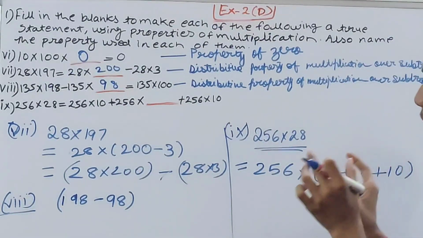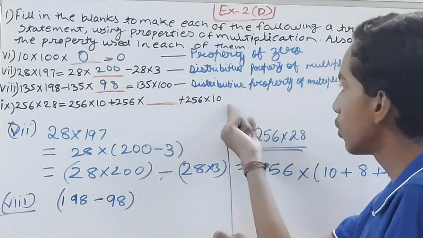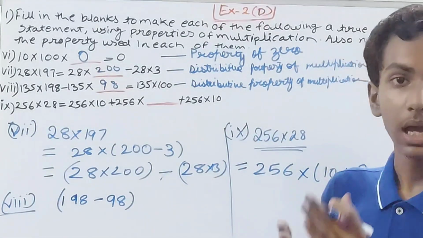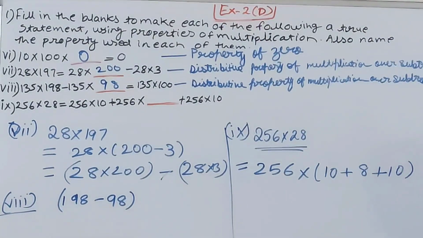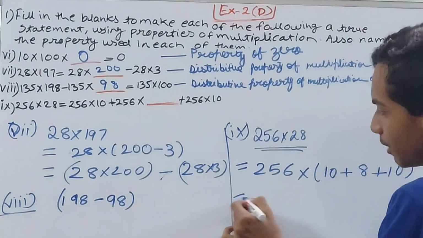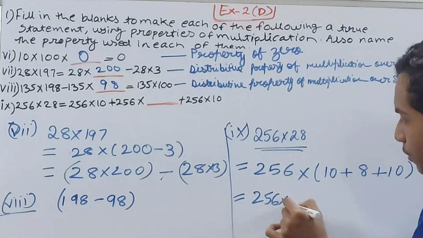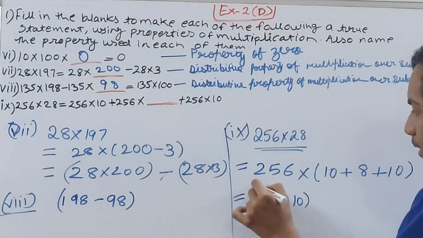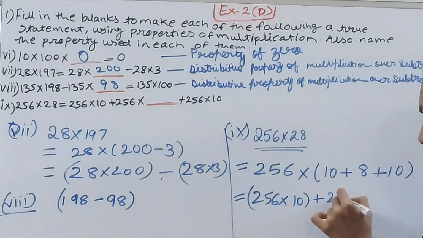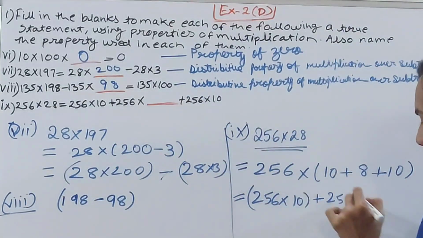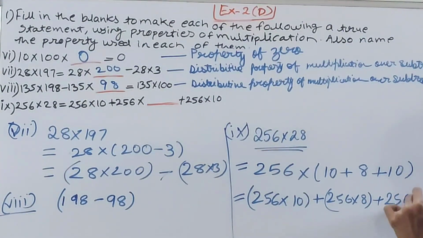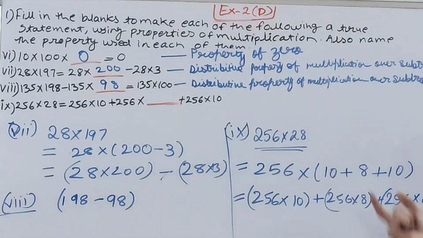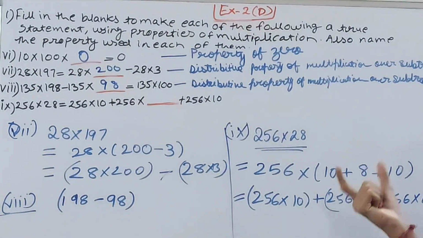Now you have to see it yourself that 10 and 10 is over here, so 20 is already done. 28 was the total, so what will come in between? 8. Okay, now they have opened it very simply: 256 into 10, right, plus 256 into whatever was missing, you will write here in place, 8, and plus 256 into 10. So can you see 10, 10, 20 and 8, 28.